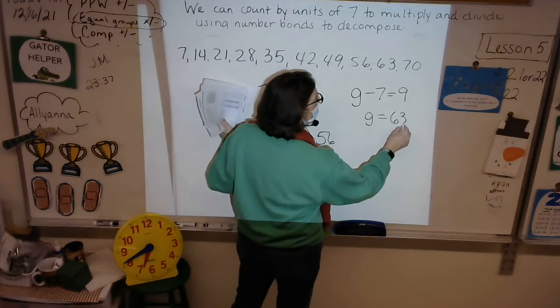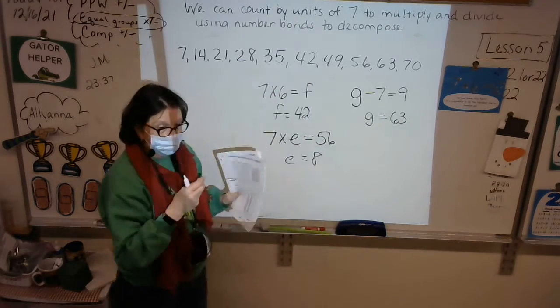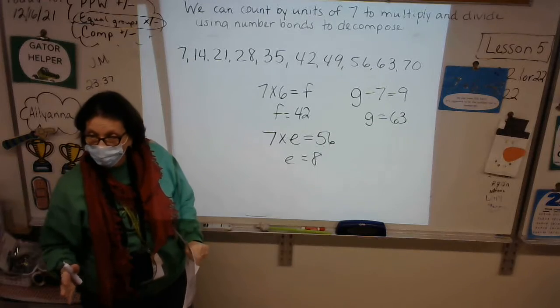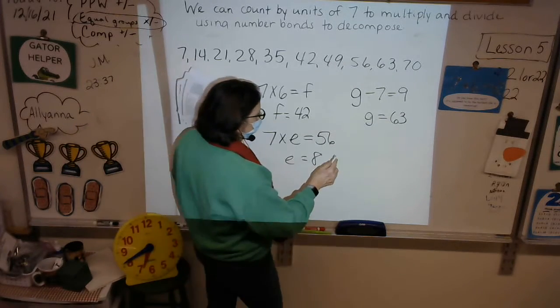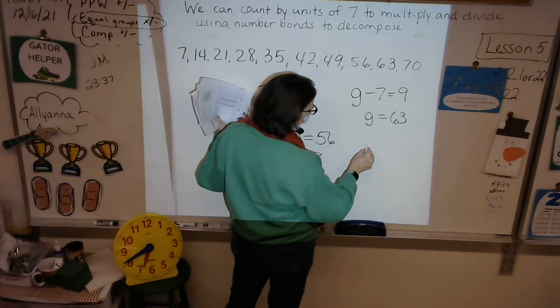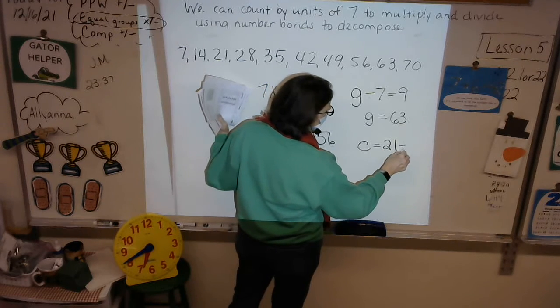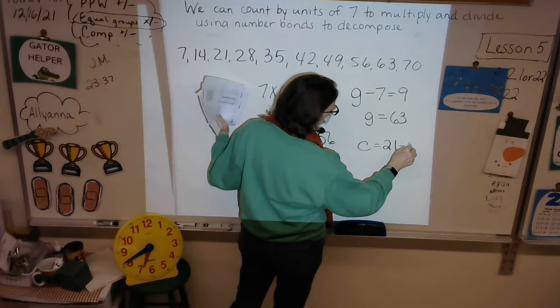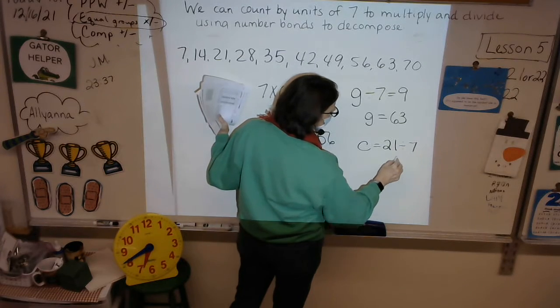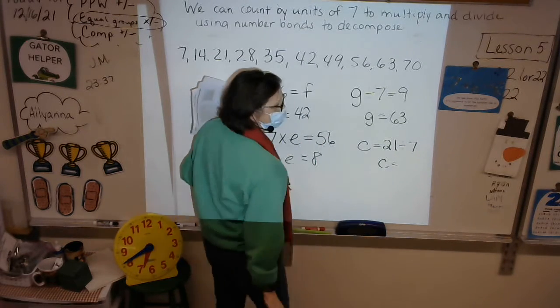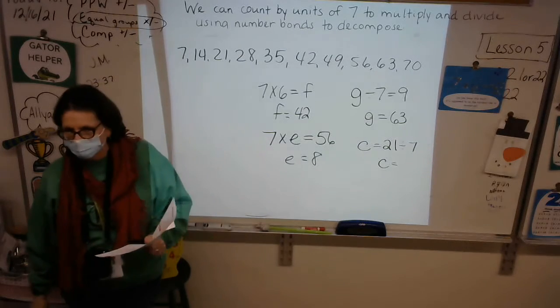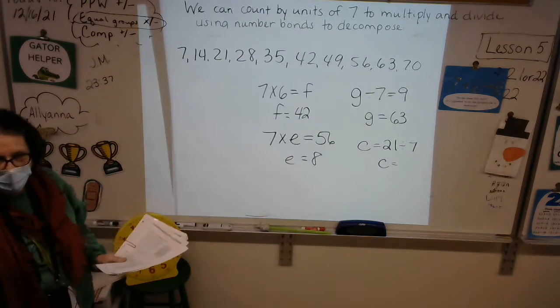So, once you have your skip counting pattern down, it's really easy to find your answers. Let's do one more. C equals 21 divided by 7. What will C equal?